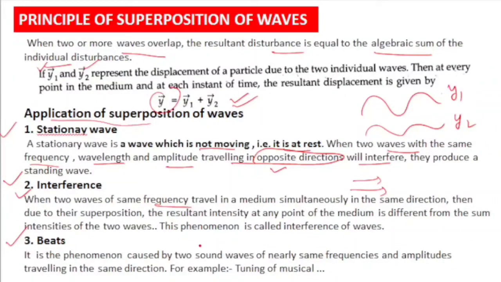Beats: here also two waves are moving in the same direction like interference, but there is a small difference. These two waves have nearly the same frequency, slightly different frequencies, and the same amplitude, traveling in the same direction. Then this forms a beat. It is a phenomenon caused by two sound waves of nearly the same frequencies and amplitude traveling in the same direction, for example, tuning of musical instruments.